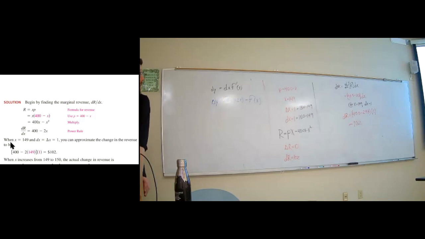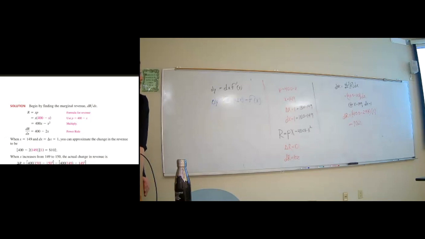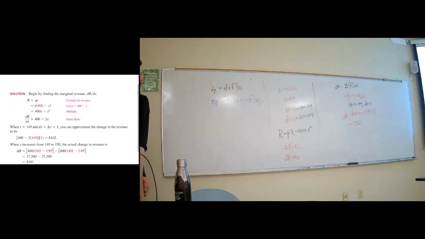And when we say that x is equal to 149 and the differential of x is equal to 1, the approximate change is going to be about $102. So in other words, you go over 1 unit and you're making about $102 more for selling that extra unit.